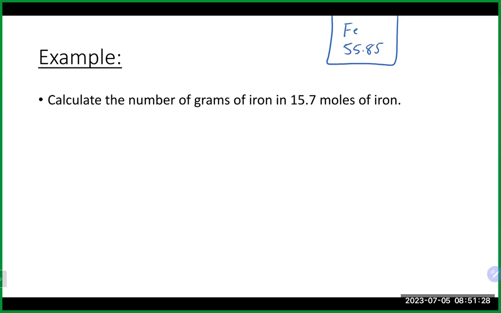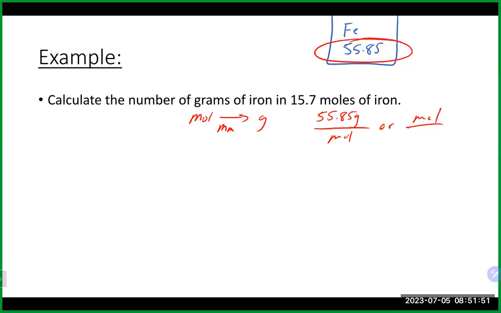So we do not need to use Avogadro's number here. Again, there's no mention of atoms or molecules or anything like this. This is really just a conversion from moles to grams, and that's our molar mass from the periodic table that's going to allow us to do that. So pulling it off the periodic table here, that tells us we have 55.85 grams per mole. Or we have a mole is 55.85 grams.